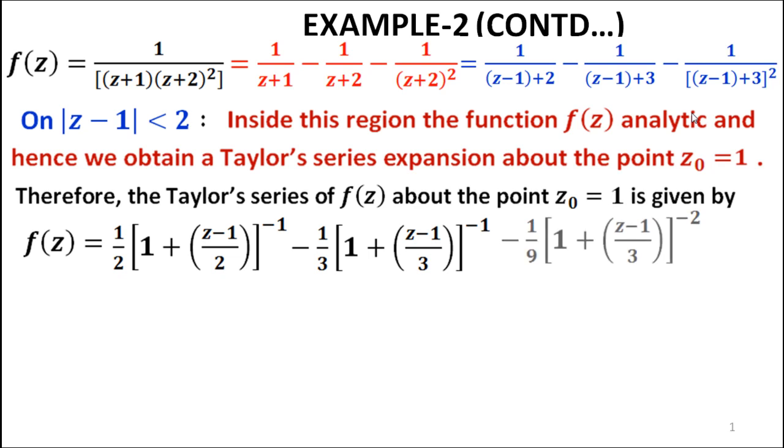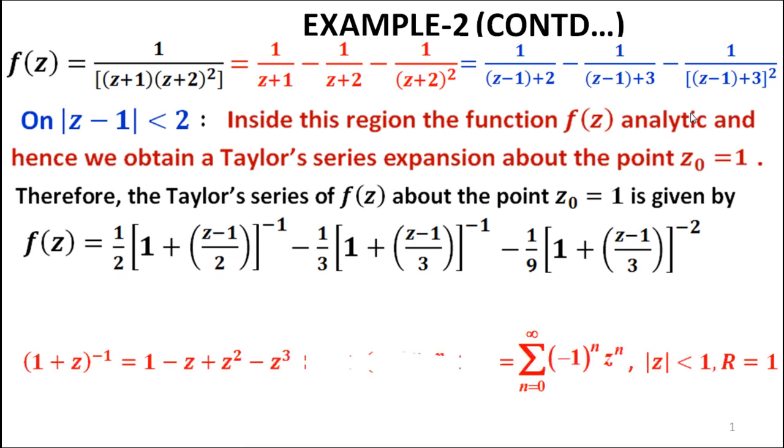In the same manner, we can write the third term 1 by 9 times 1 plus z minus 1 by 3 whole to the power of minus 2. Now we have the binomial expansion that 1 plus z whole to the power of minus 1 is summation of minus 1 whole to the power of n z power n under the condition of validity mod z is less than 1.